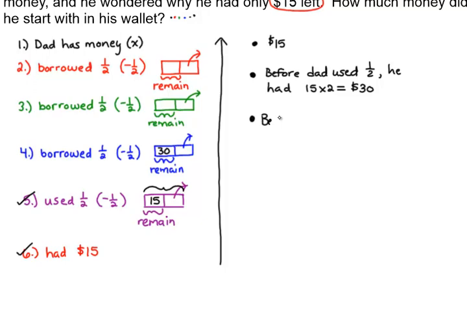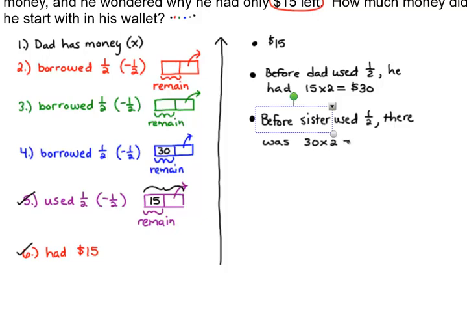So before the sister used half, there was 30 times 2, which was $60. Okay, that step's done.